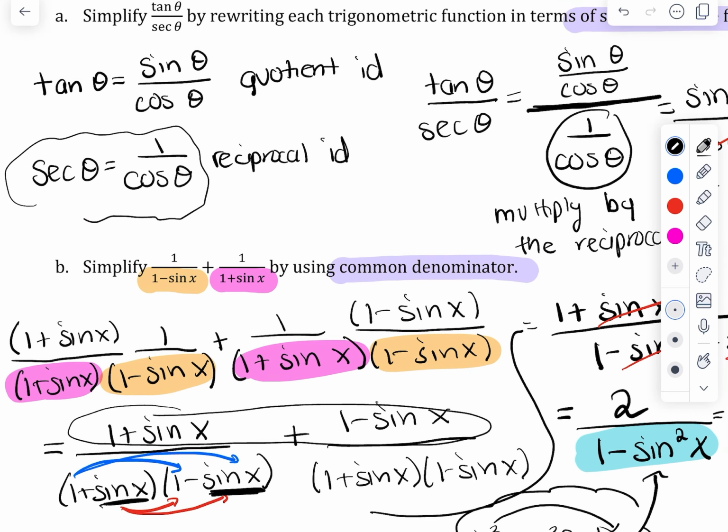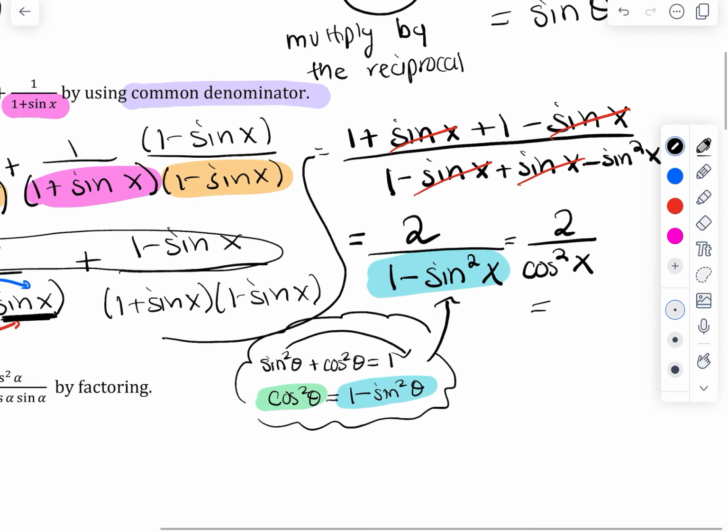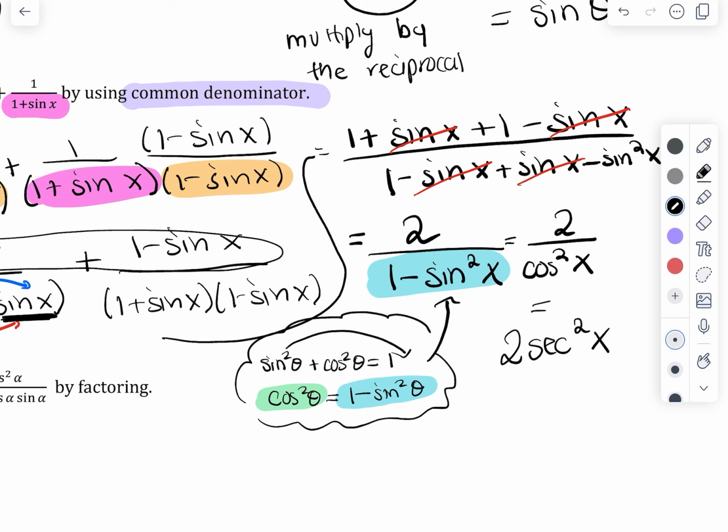We used it in the previous problem. 1 over cosine is secant. So instead of being a 1 in the numerator, it's a 2, which is fine. And instead of being a single cosine, it's 2 cosines, which just means that secant is also going to be squared. If there's 2 cosines, there's going to be 2 secants that come up, and here it is. So this is my final simplification.